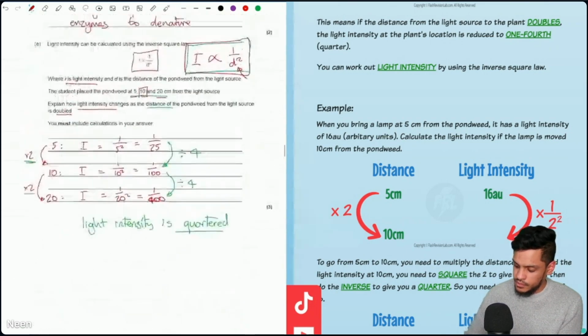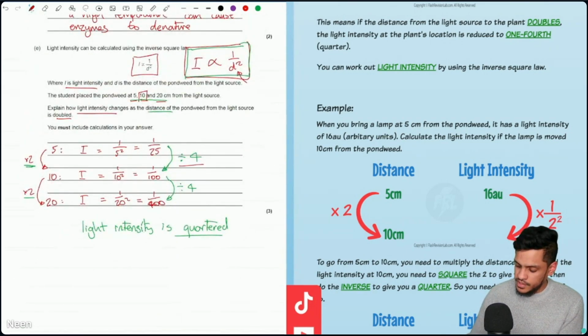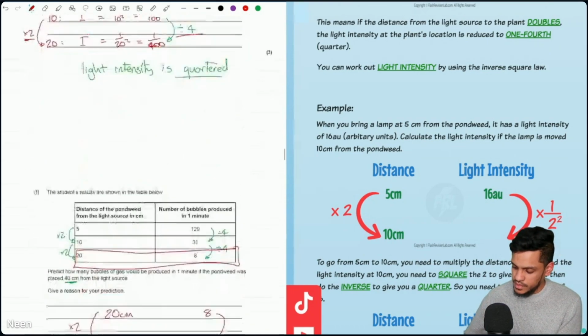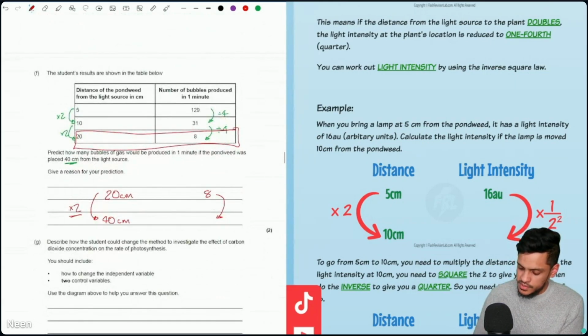Let's look at what we just proved. Every time you double the distance, the light intensity is quartered. So you've got to do the same here. We doubled the distance. So if that's 8, you've got to do 8 divided by 4. Gives you an answer of 2. So you'd expect to see 2 bubbles.